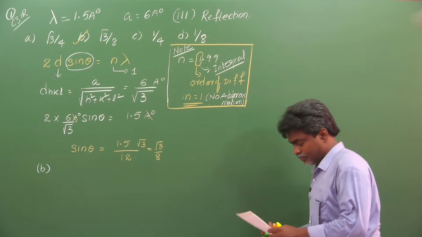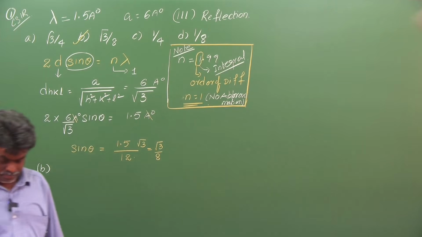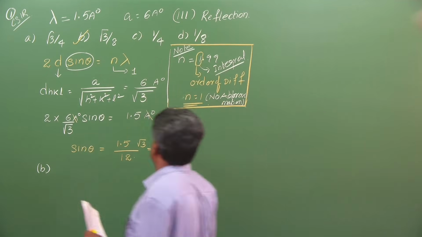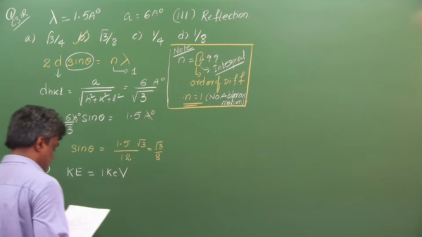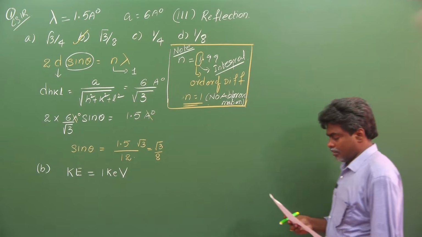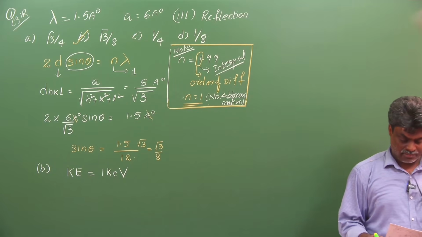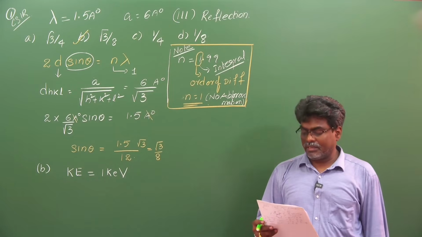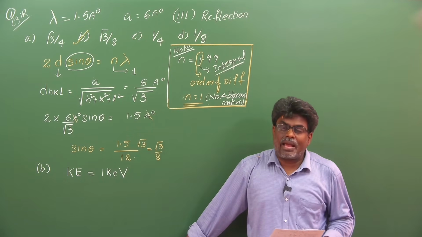Next problem. A beam of electrons with kinetic energy 1 keV is diffracted through a metal foil of cubic crystal structure with spacing 1 angstrom.